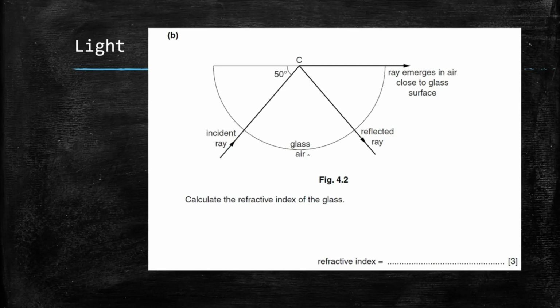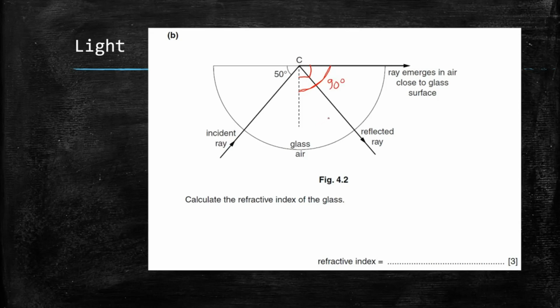Now draw the normal, passing through point C, forming an angle of 90 degrees to the glass surface at point C. From this drawing, we know that the refracted ray forms a 90 degrees angle to the normal. Or we can say that the angle of refraction, formed by the refracted ray and the normal, equals 90 degrees.